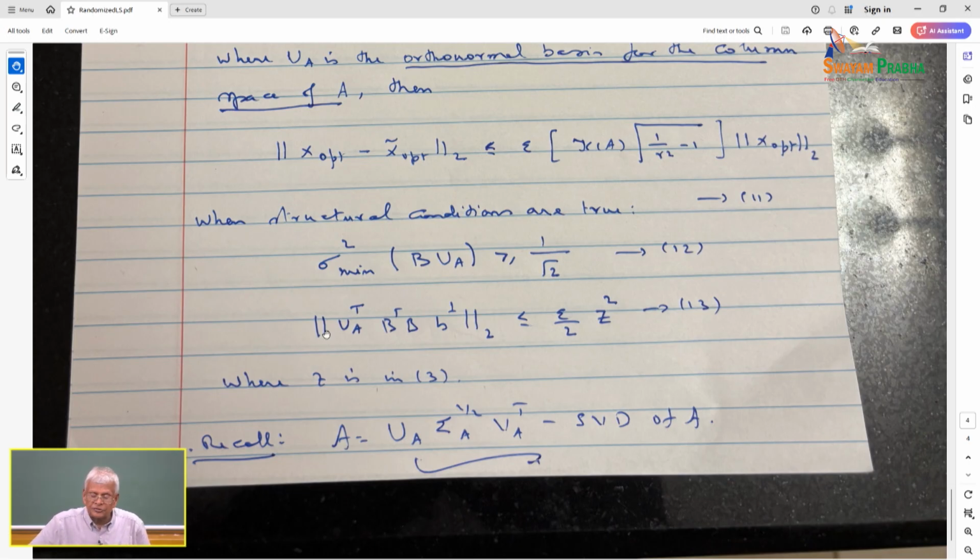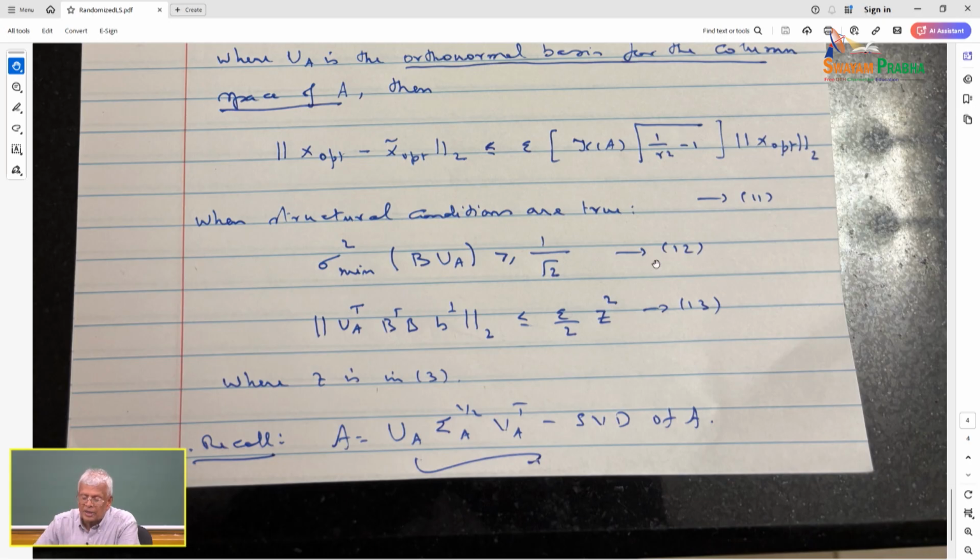There is another structural condition, U transpose B perpendicular. What is B perpendicular? It is the component of B that does not lie in the range space, that is perpendicular to the range space. So, in some measure this is the energy of B that is not in the range space, and that must be less than epsilon by 2 times sigma square.